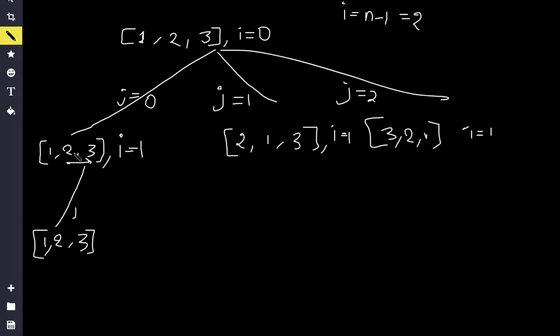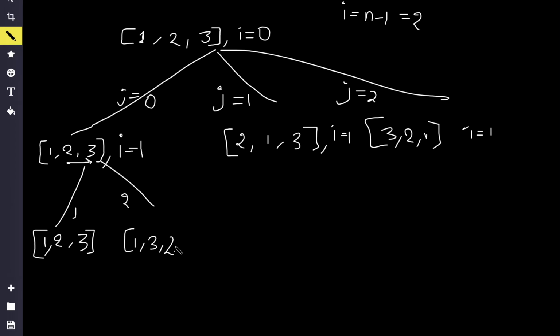Since it is the swap of the ith index with the jth index, we will do nothing. In the second iteration, we will be swapping the ith and the next j index. The next j was 2, so we do a swap between the first index and the second index. So we get 1, and now when we swap 2 and 3, we will get like this.